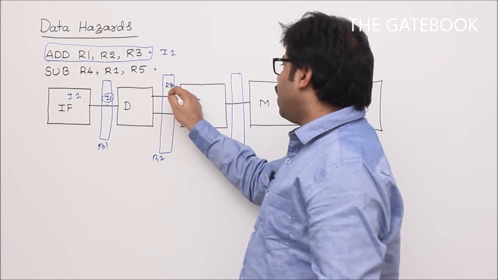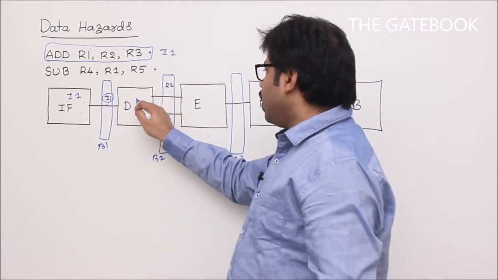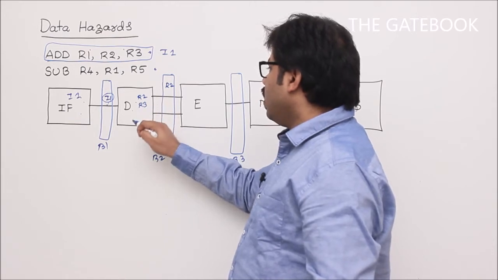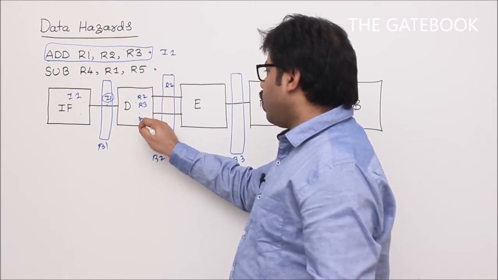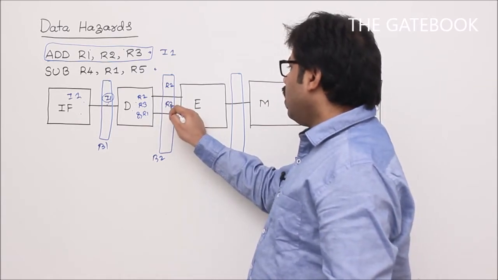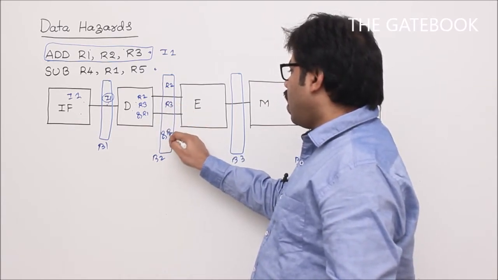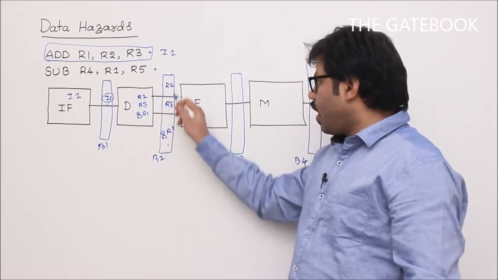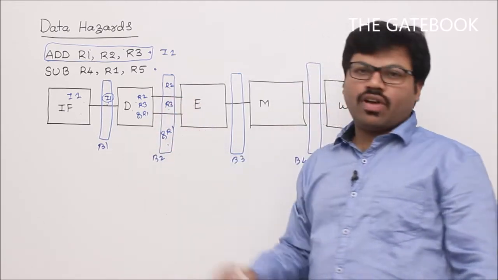In the decode stage we will be reading R2 and R3, and we will be reading the address of R1. So finally, R2, R3 and the address of R1 will all be forwarded to this stage. That means this buffer is now going to have R2, R3 and the address of R1.